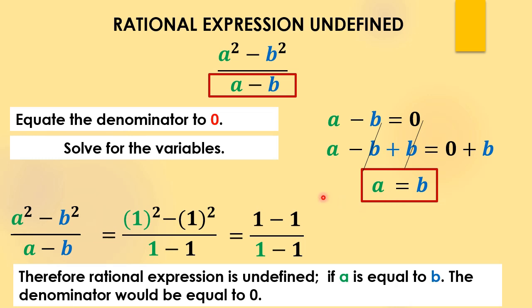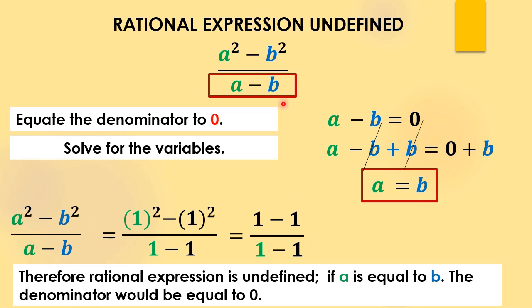So what does it mean? Whatever the given value of a must also be the value of b. Therefore, the restricted value of a is equal to b.